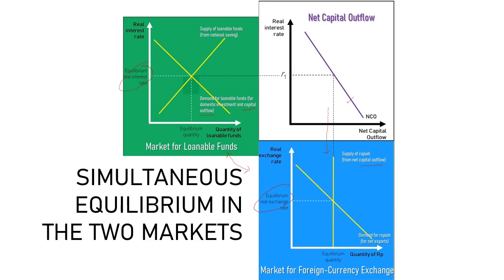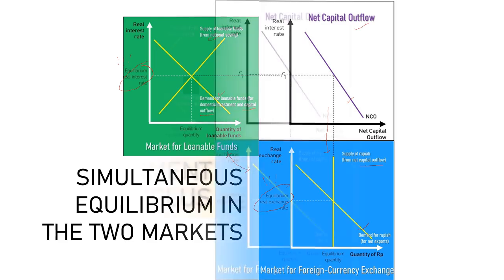Once again, I have to remind you, both equilibriums of real interest rate and real exchange rate are not set. They are determined from the market mechanisms. So any event, situation, or policy that affects S, I, NCO, and NX will affect the equilibrium.